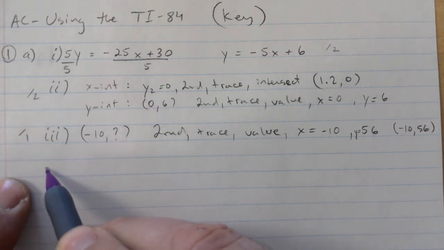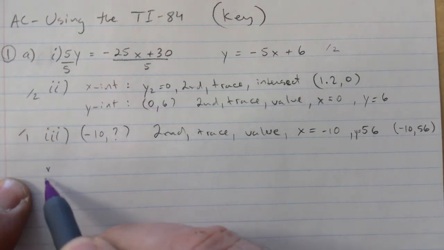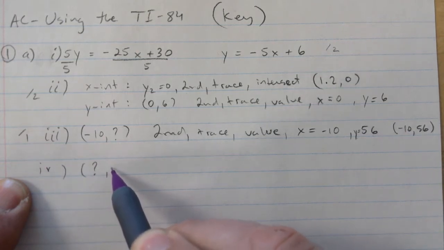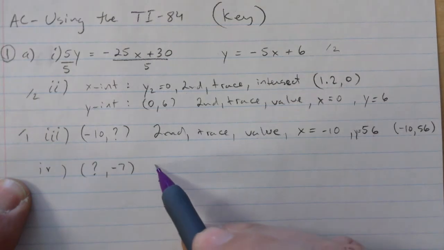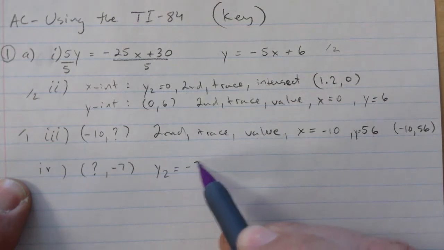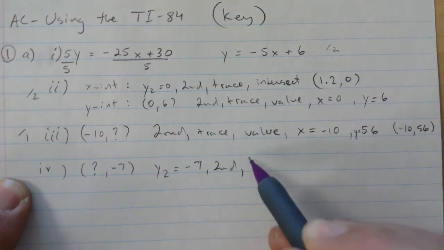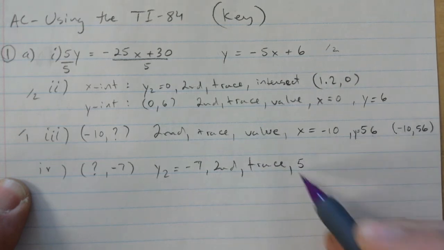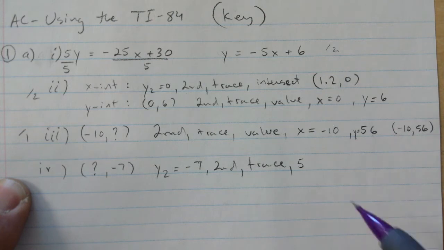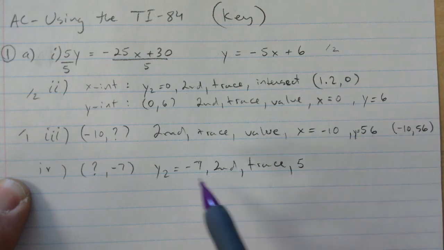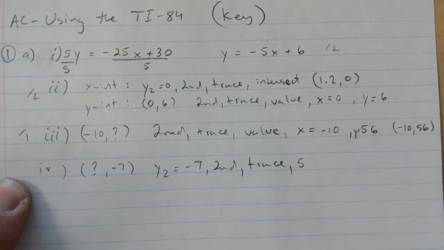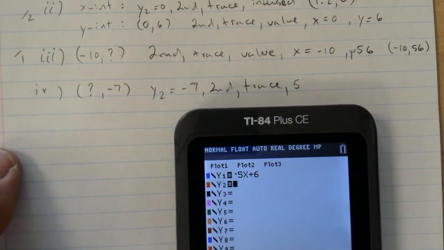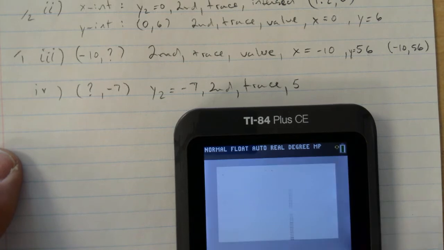And then the fourth one. They want the point question mark, -7. So there you let y2 equal to -7. Then you go second, trace. You can just put intersect, fifth option. So I'm getting shorter with my steps here. You take your calculator, you let y2 equal to -7, you hit graph.